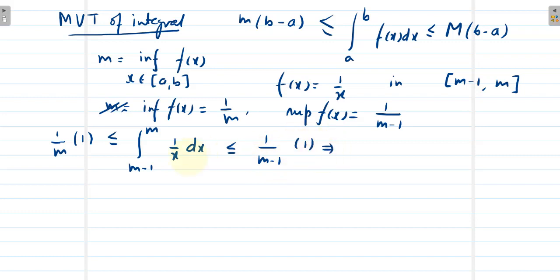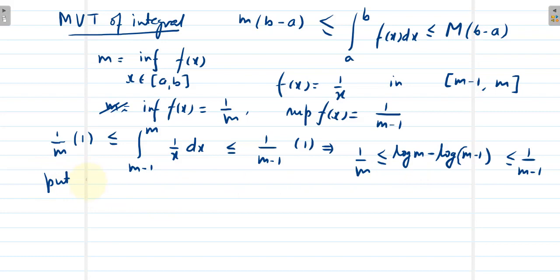So directly it gives you log x, with the range of integration from m minus 1 to m. So we get log m minus log(m minus 1), and this lies between 1 over m and 1 over m minus 1.